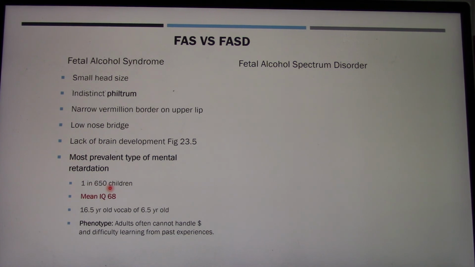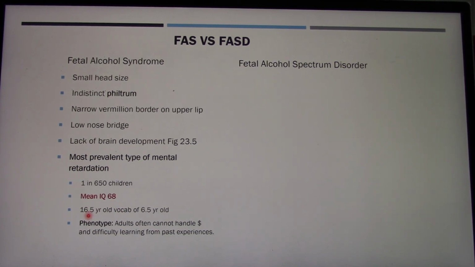1 in 650 children, that's a pretty high rate, are affected by fetal alcohol syndrome due to drinking alcohol during pregnancy. The mean IQ of these kids, and that's the mean, that's the average, so there are some that are higher and there are some that are lower. Right? The average or mean IQ is 68, and I'll talk to you in the next slide about what that means.